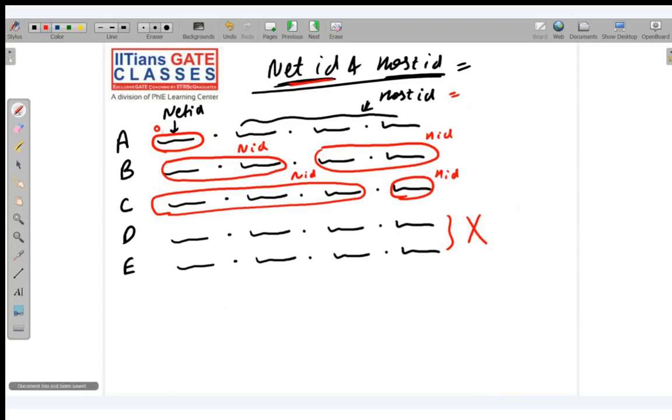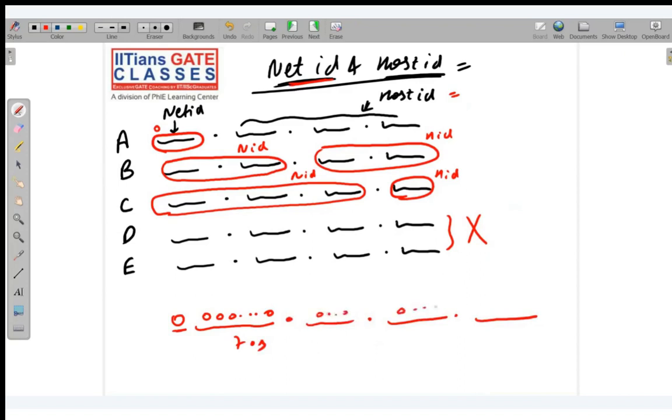First address means the first 0 is reserved, then we have 7 bits, so we can have all 7 zeros here. Then we have 3 octets, so to get the first address I have to put all zeros here.